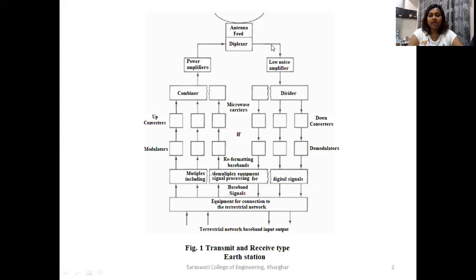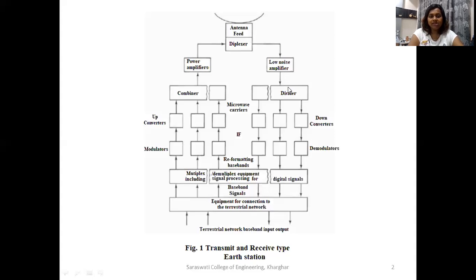Because of the noise during the downlink, only a very small signal may be received, so it is amplified using a low noise amplifier. The signal received from the satellite is the combined signal, because we transmitted the signals after combining them. So at the receiver, we have the combined signal.